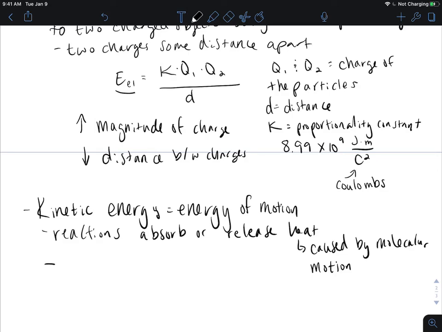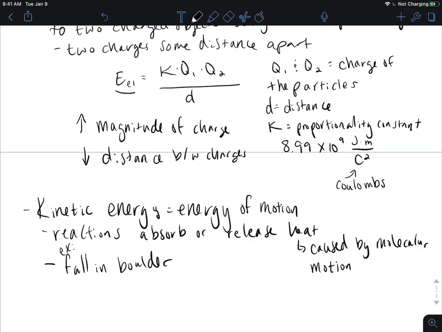Okay, so something will have kinetic energy if it has motion, right? So we have a falling object as a great example of something that has kinetic energy. Okay, and then other things are going to be molecules.